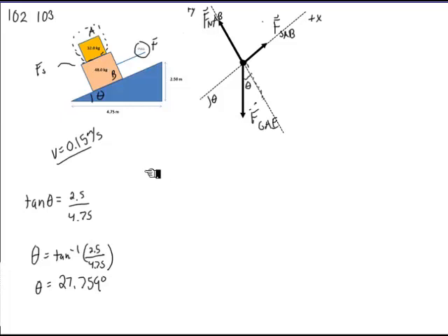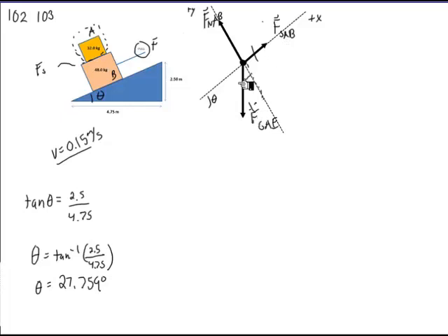So this is actually, once you realize that little trick, that the static friction is not necessarily at a maximum, I really don't have to do a whole lot to solve this problem. Because what does this have to equal if it's moving at a constant velocity? It's to equal this, right? These two have to balance. They're the only two in the x direction.